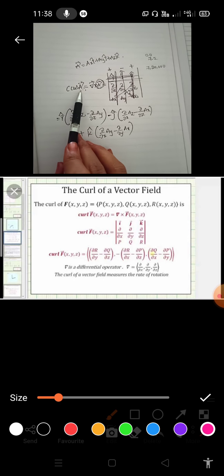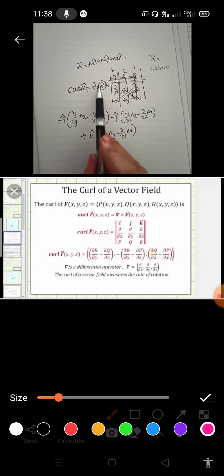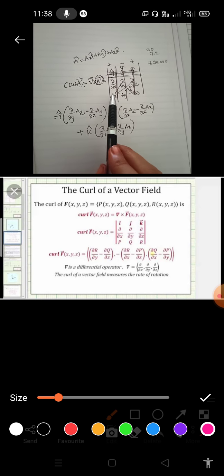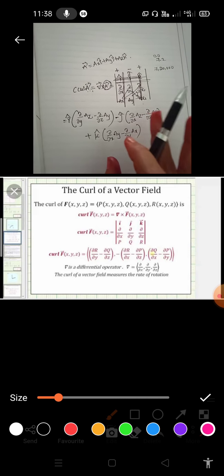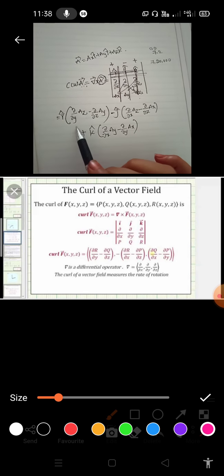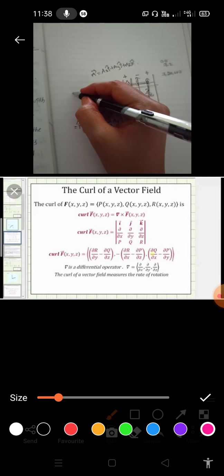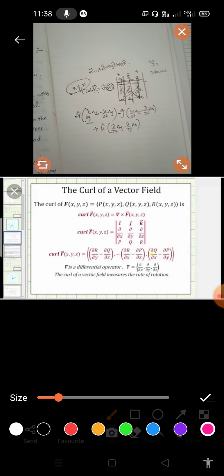Curl A bar is equal to del bar cross A bar: i, j, k, and the del values are ∂/∂x, ∂/∂y, ∂/∂z, and the A values are Ax, Ay, Az. In this way, this is the expression for curl in a Cartesian system, because the Cartesian system has a region of space whose coordinates are x, y, z. This is about the curl of a vector field.